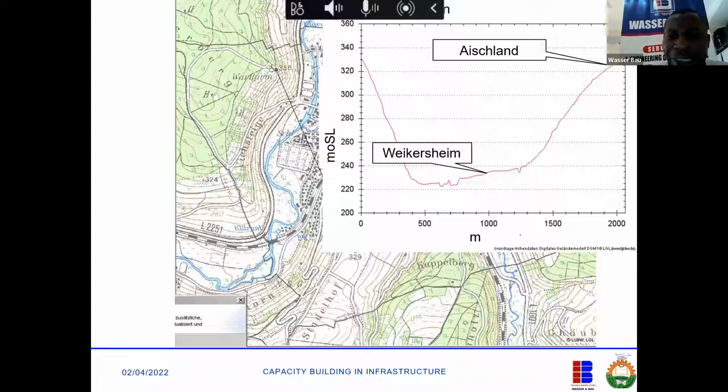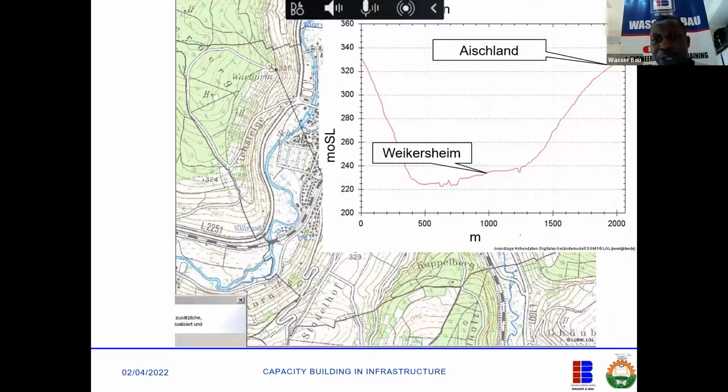The reason for this is that most times when you want to design a centralized water supply system, you find out that it is not possible. So what you do, you go for decentralized. Decentralized simply means you have different boreholes, different elevated tanks within the same layout, because you can't pipe from A to B or from C to D. So B will have a separate system, A will have a separate system, because it's just not easy.